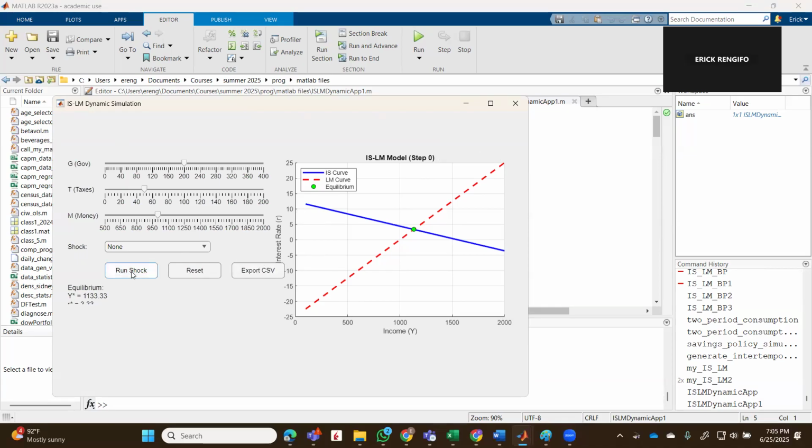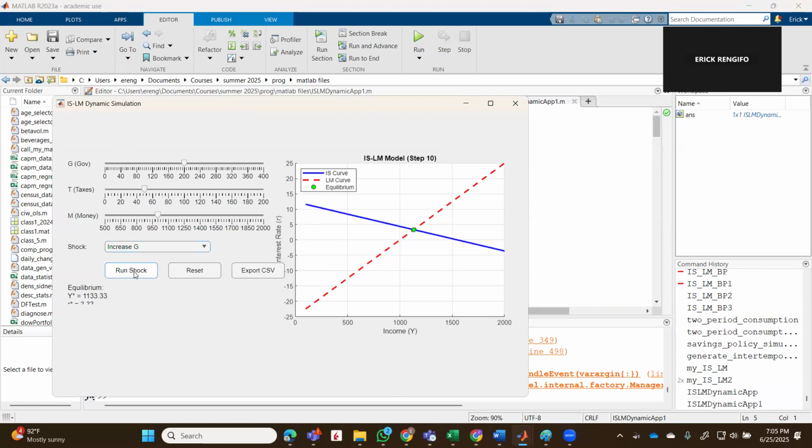You do any shock. I'm sorry. Let's do an increase on G, for example. Run shock. And then what I want is you to export to CSV. You tell me when you're there.